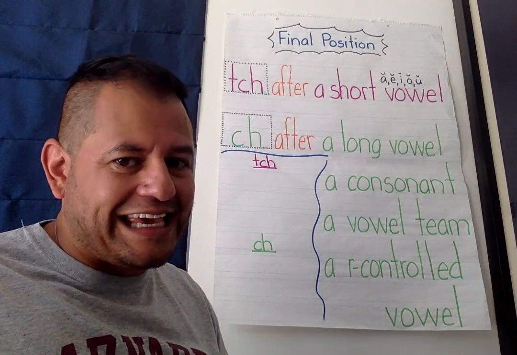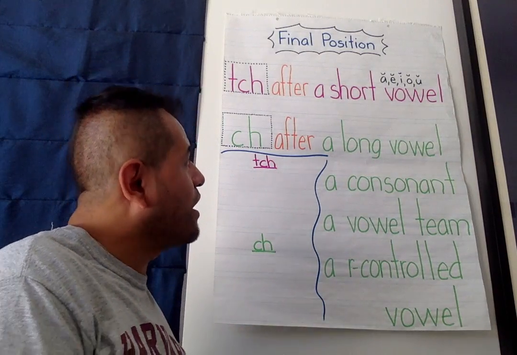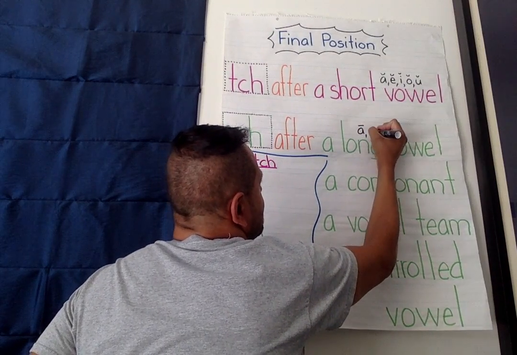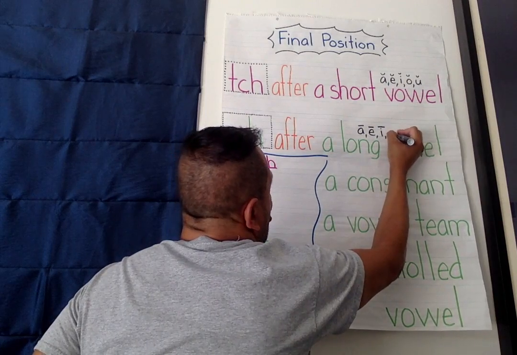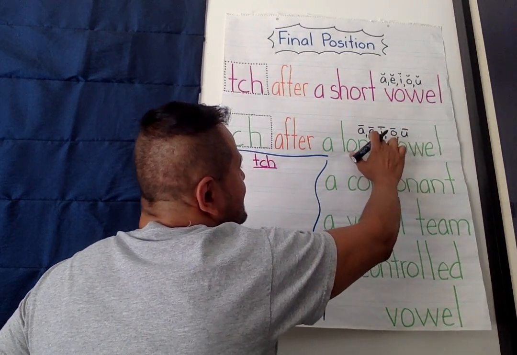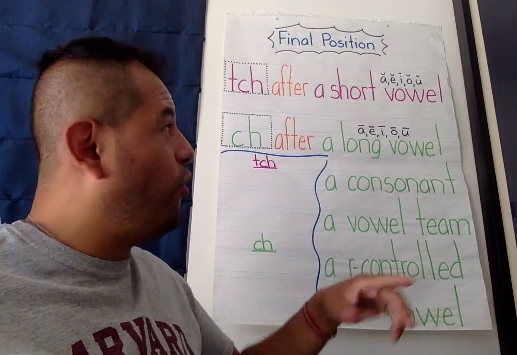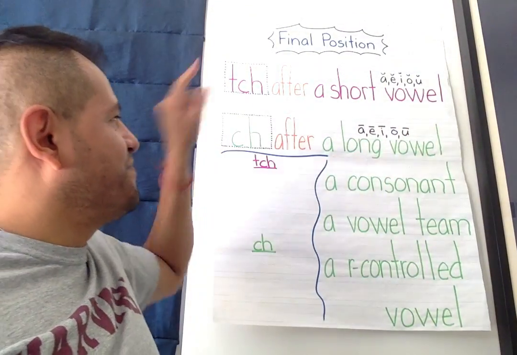A, E, I, O, or U. Okay? And those we stretch out. A, E, I, O, U. The vowel is going to say its name. That's the sound it's going to have. If our word has a vowel where we hear the letter name, we're going to use CH.